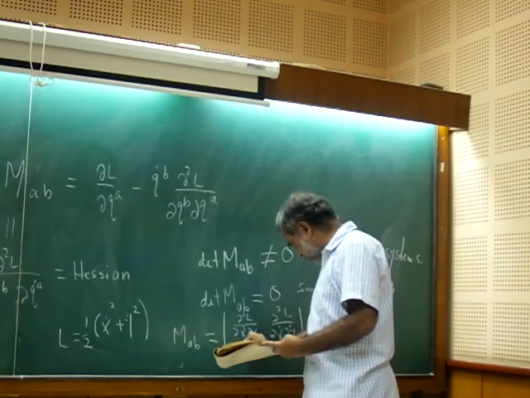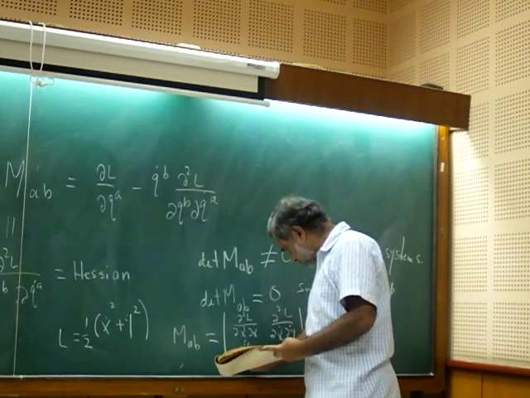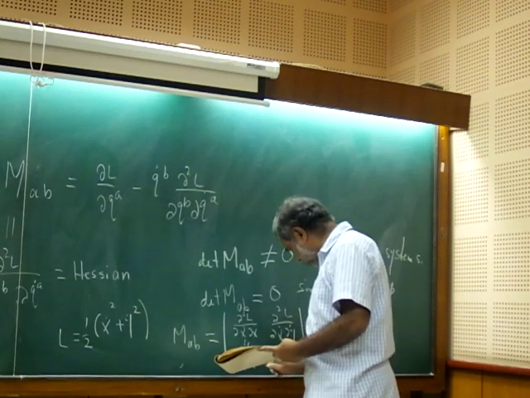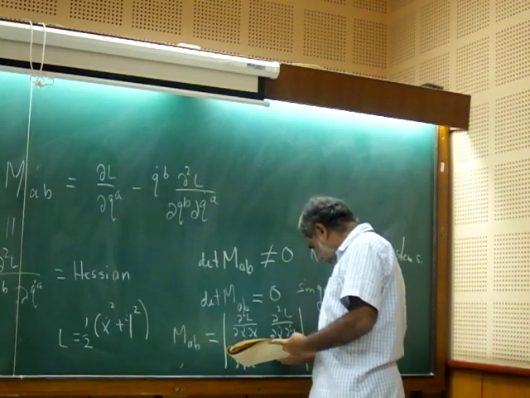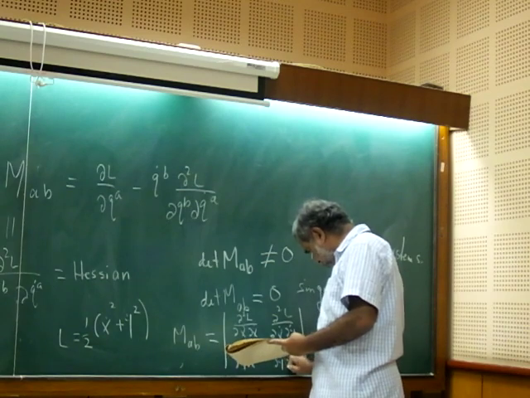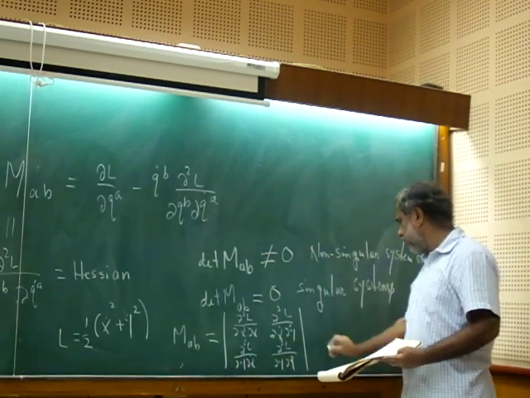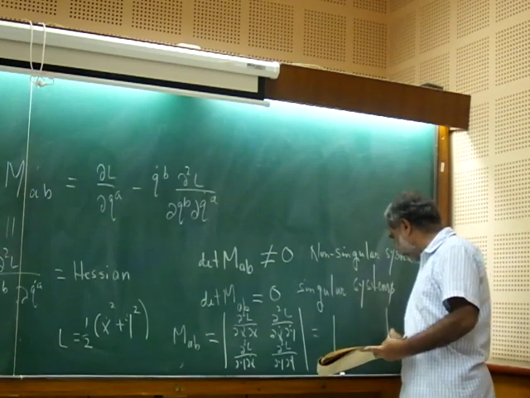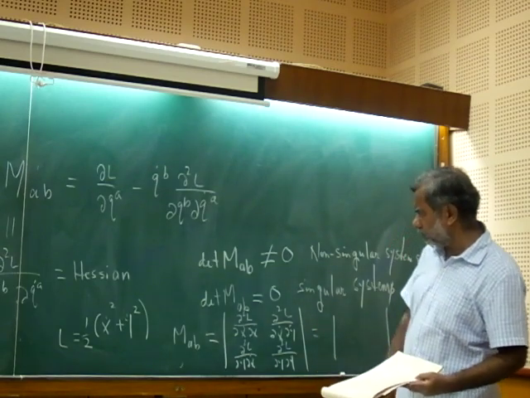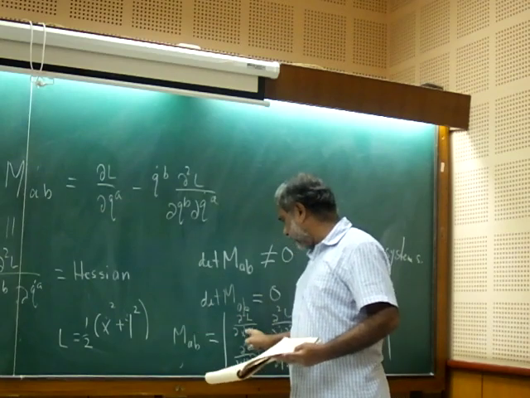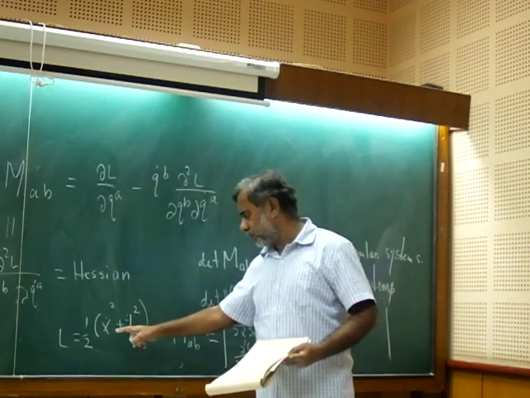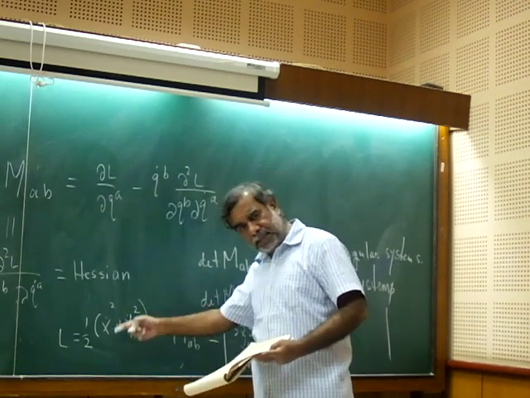This is symmetric. This is the same, d2L/dy dot dx dot, and d2L/dy dot dy dot. This is the Hessian. And then what we will compute? dL/dx dot was x dot, and again, so that is 1.